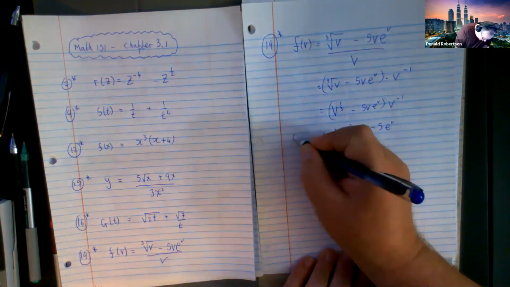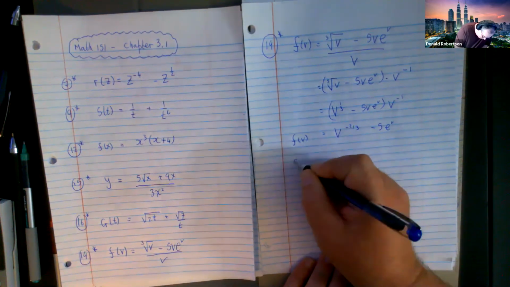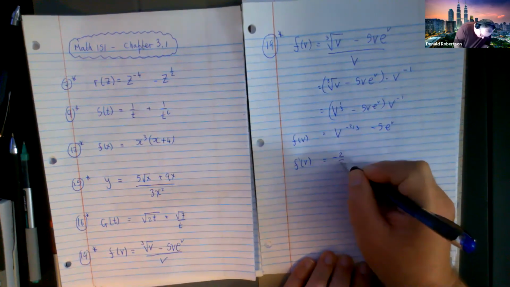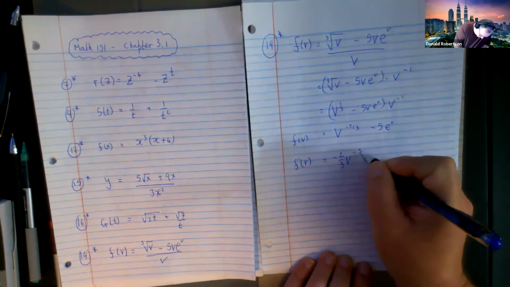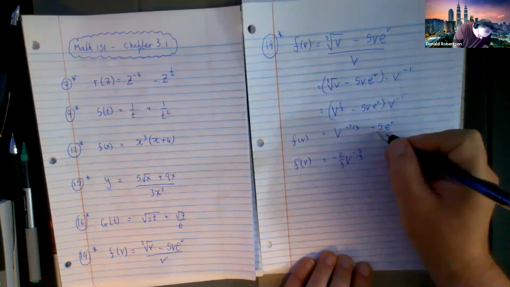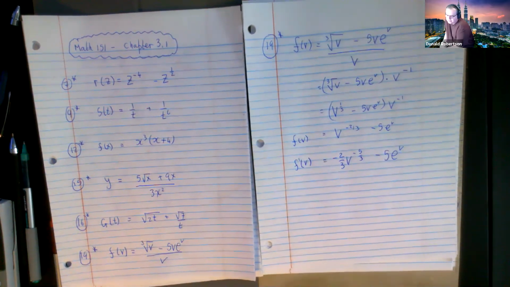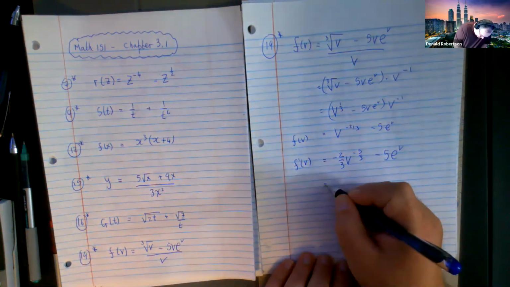Right, now, all we've done here is set it up. Now we differentiate it. Multiply by the power and reduce the power by 1. And I like this guy, because differentiating 5e to the v just gives you -5e to the v. Now it's style points.